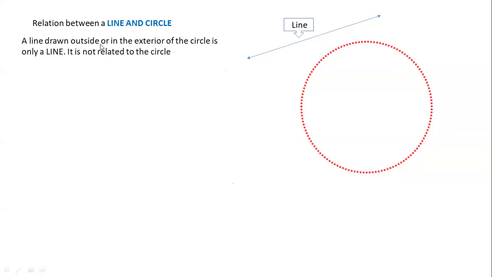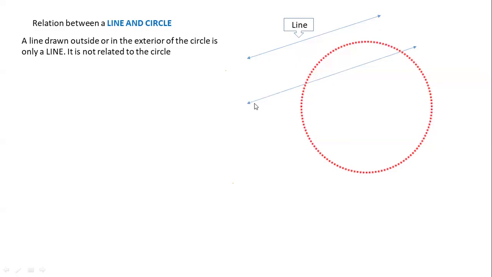A line drawn outside, or in the exterior of the circle, is only a line. It is not related to the circle. It's a line, and this is a circle. It's in no way connected with it, so they are not related to each other.